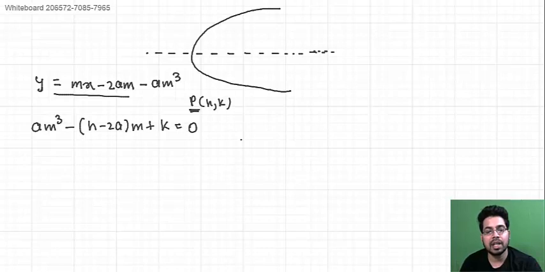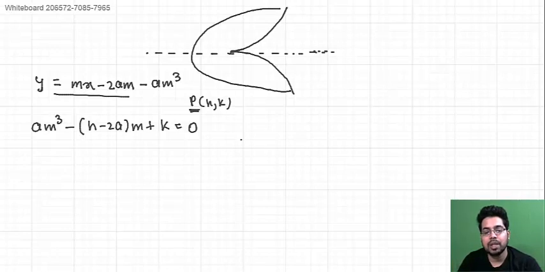But it is very important to know that we cannot draw three different normals from each and every point inside the parabola. Let me draw a curve this way.